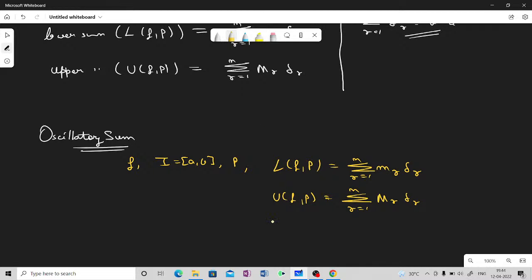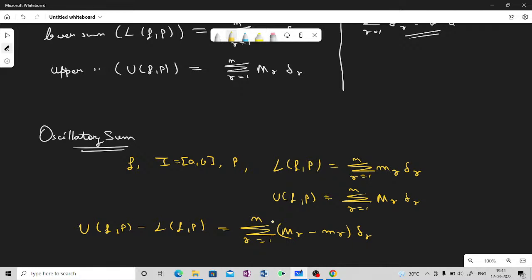If you subtract these two, U(f, P) minus L(f, P), you get the summation r = 1 to n of (Mr minus mr) times delta r.